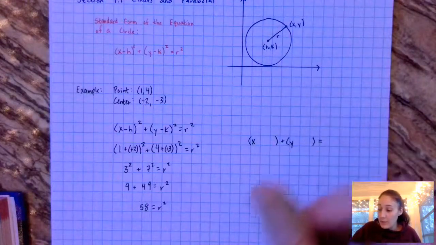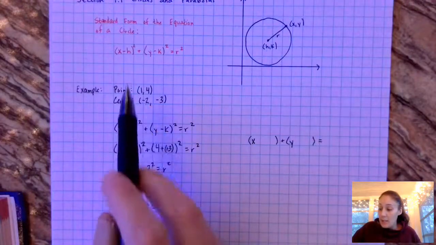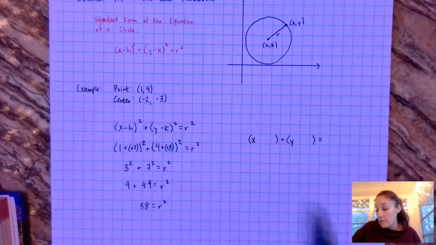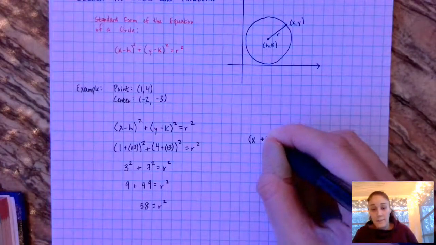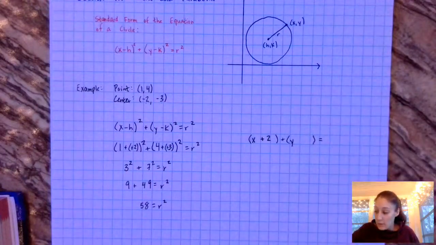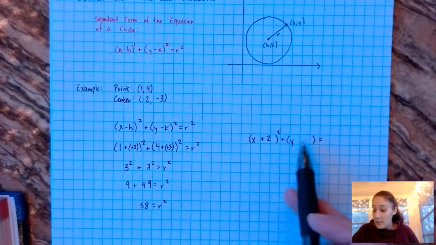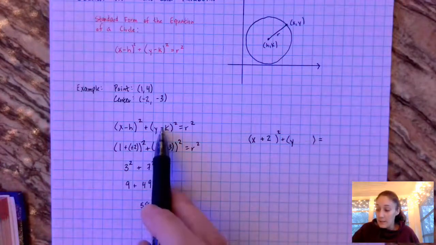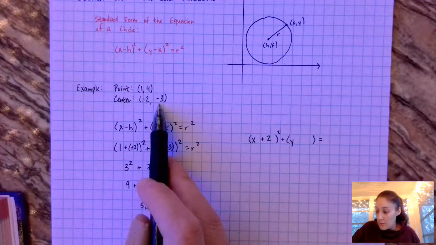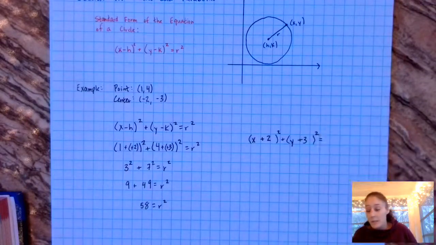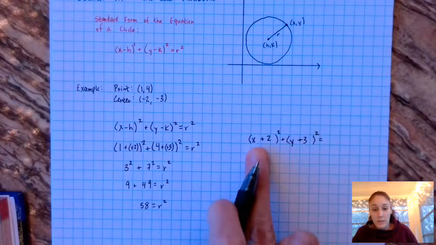For the center, I'm going to have a minus a negative 2. A minus negative 2 is a positive 2, a minus minus. Then don't forget to square it. It's easy to forget. And for my k, I have a minus negative 3, so that becomes plus 3. Again, don't forget to square it. Your x should always go first, your y should go second.